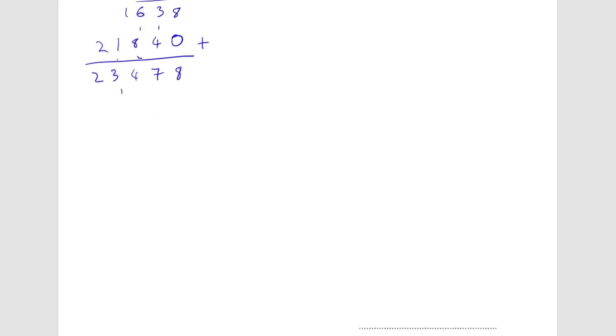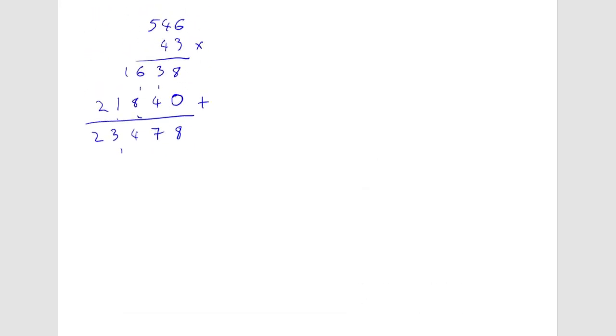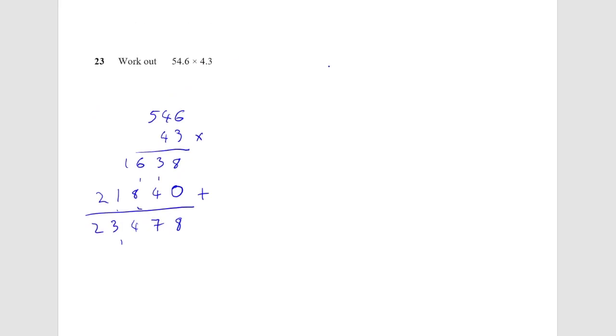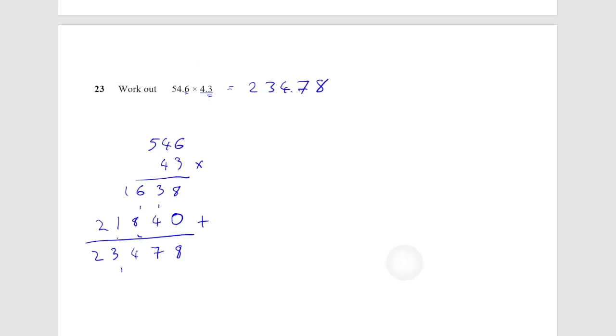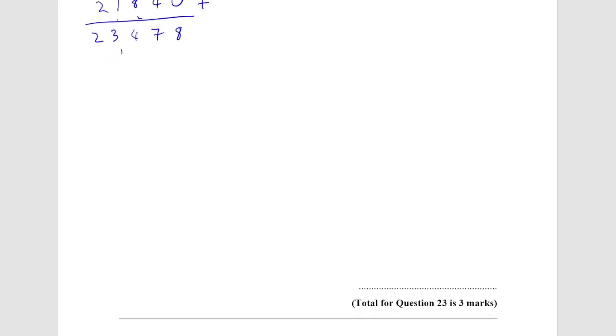So my digits for this will be 2, 3, 4, 7, 8. And then if I look at my question, I've got 2 decimal digits in my question, so I'm going to have 2 decimal digits in my answer, so my decimal point would go there. So I'm looking at 234.78.